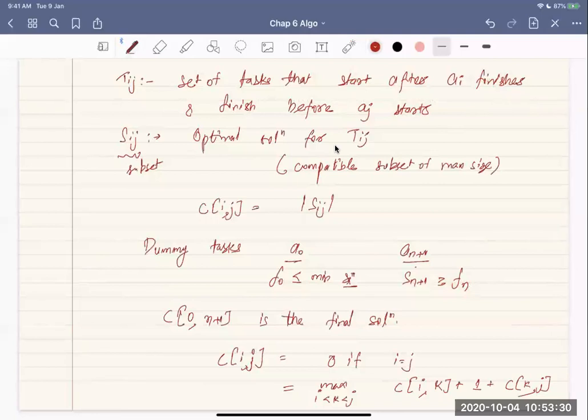So this is your recurrence: Cij is the max among all k between i and j of Cik plus 1 plus Ckj. And this becomes standard dynamic programming. You can solve using dynamic programming. But we are not here for that, right? So now we have to see how to depart from dynamic programming and go to a greedy solution.